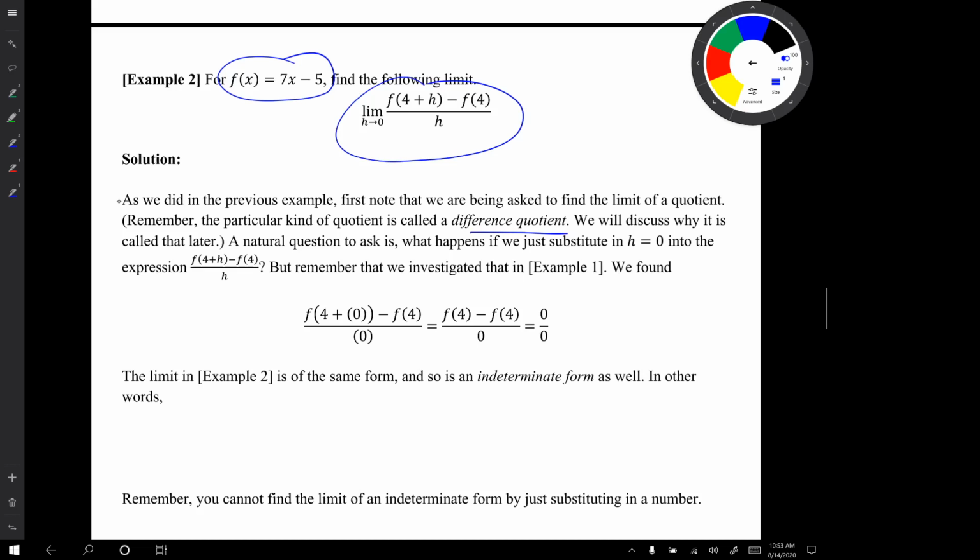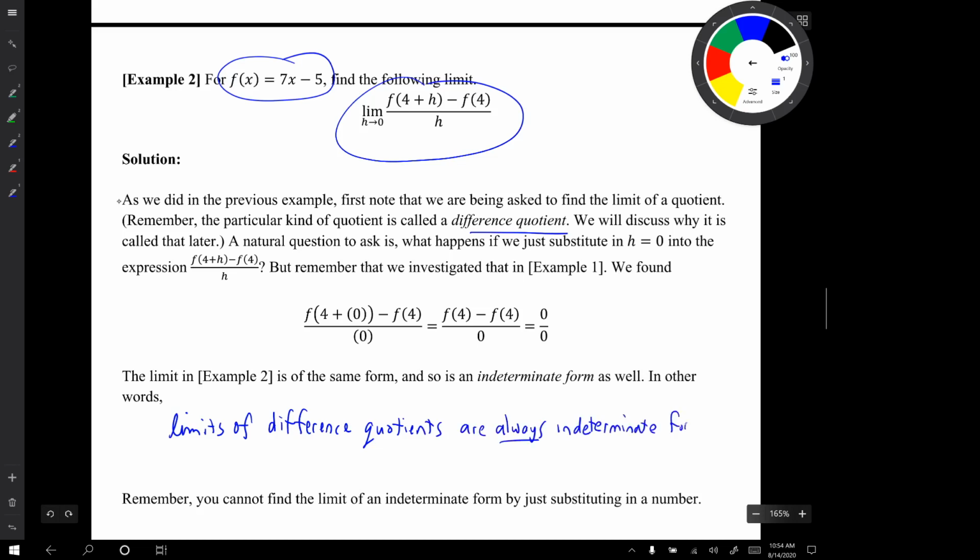If we do that, we're going to do the exact same calculation that we did in example 1, where we found that if we substitute in h equals 0, we end up with 0 over 0. And so this form is indeterminate. It's the exact same form that we had in the previous example. In other words, limits of difference quotients are always indeterminate forms.